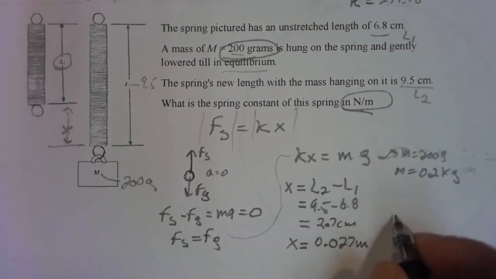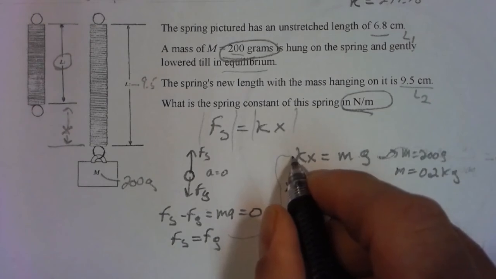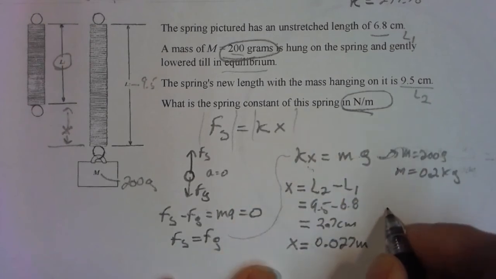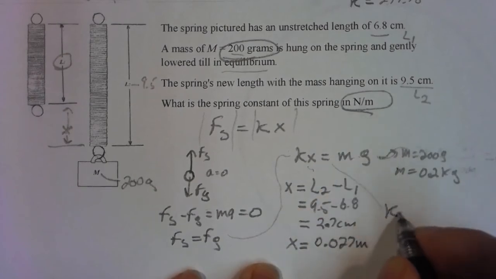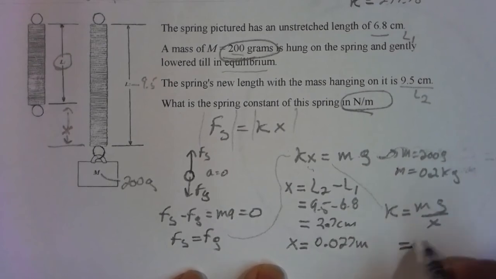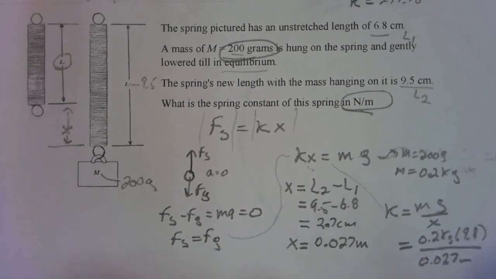So we now can figure all this out. We can solve for k here. K is going to be mg over x. So I've got 0.2 kilograms times 9.8 for g, divided by 0.027 meters for x.